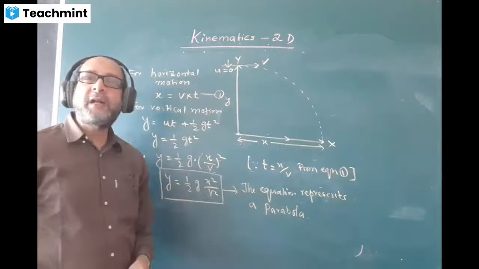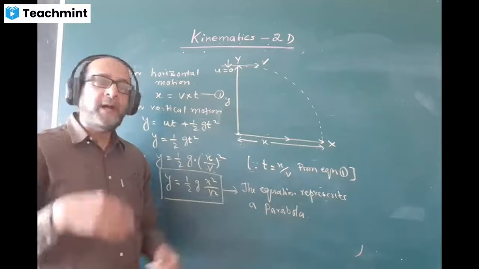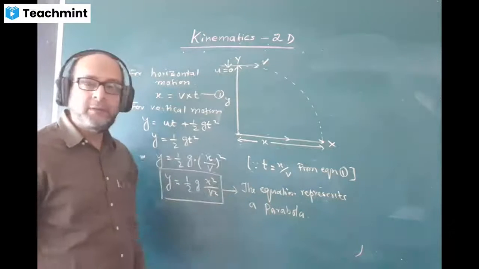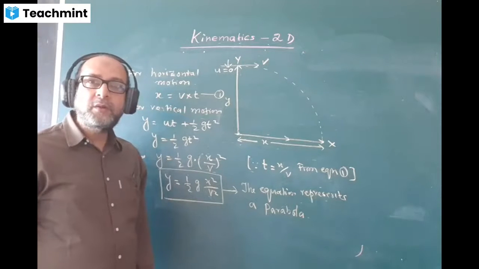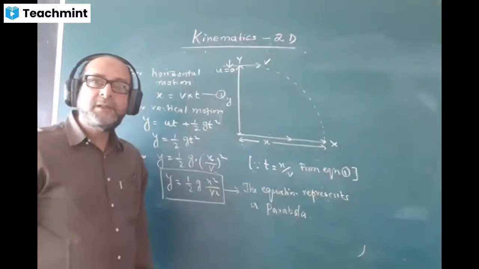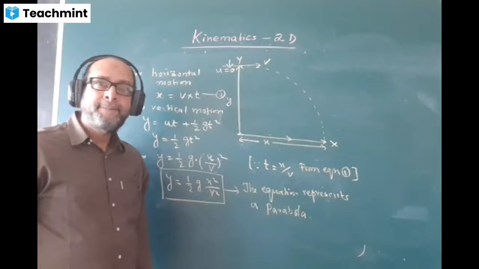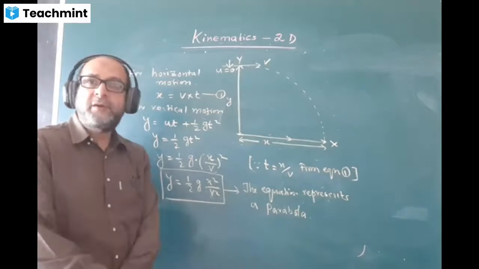If the question comes, show that the path of a projectile is parabolic, we can show either the first one or the second one. So any one of the cases we can do. Hope understood? Do you have any doubts?